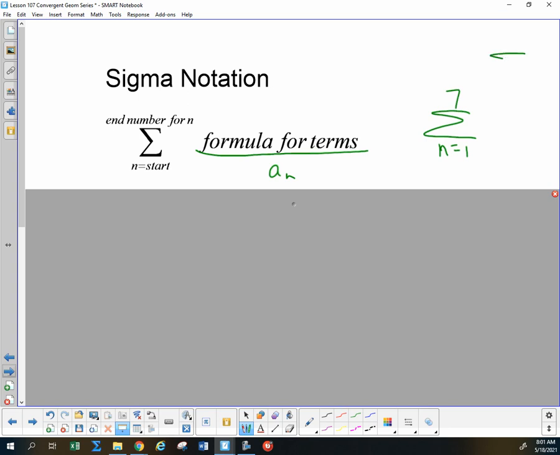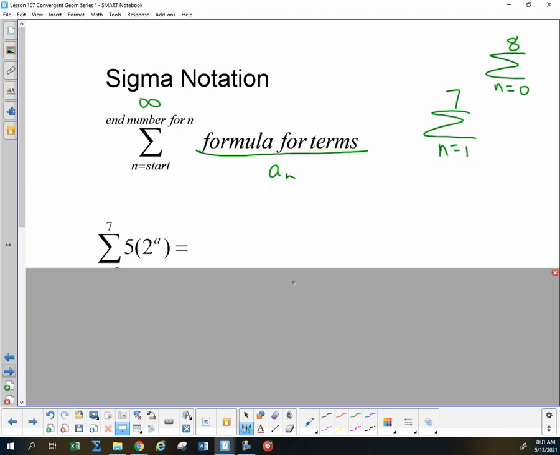If it has n equals 0 up to 8, you're actually going to have 9 terms in there because you're going to put 0 in, then 1, 2, 3, and keep going until you've put 8 in. I could go from 100 to 200, anything I want. When we put up here the infinity symbol, that means we go forever, so plus dot, dot, dot.